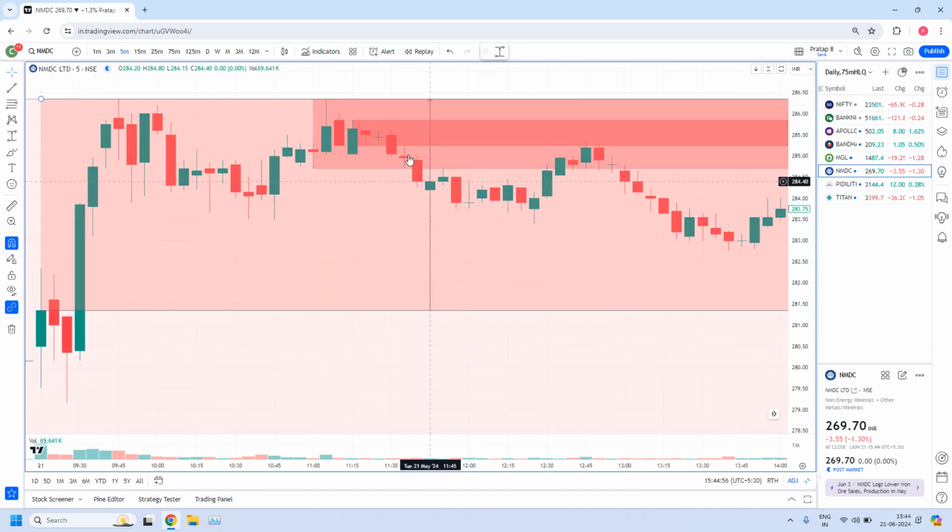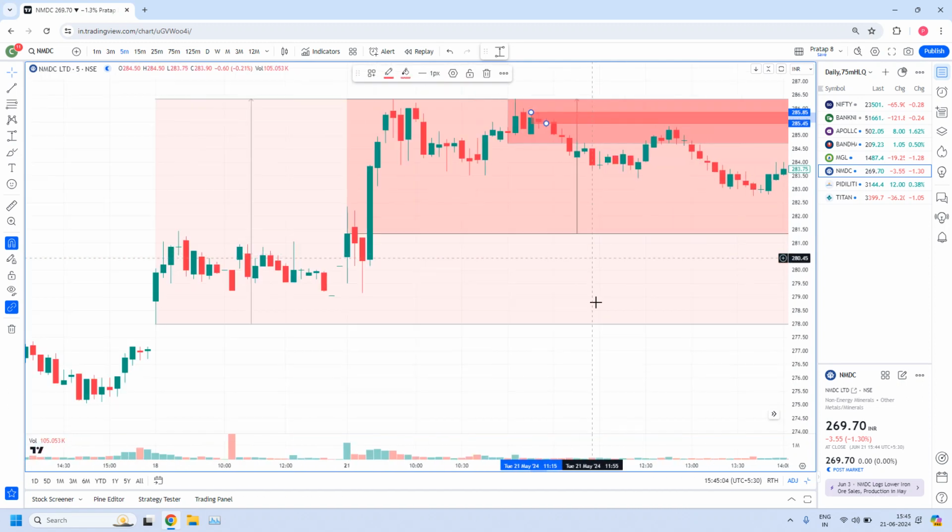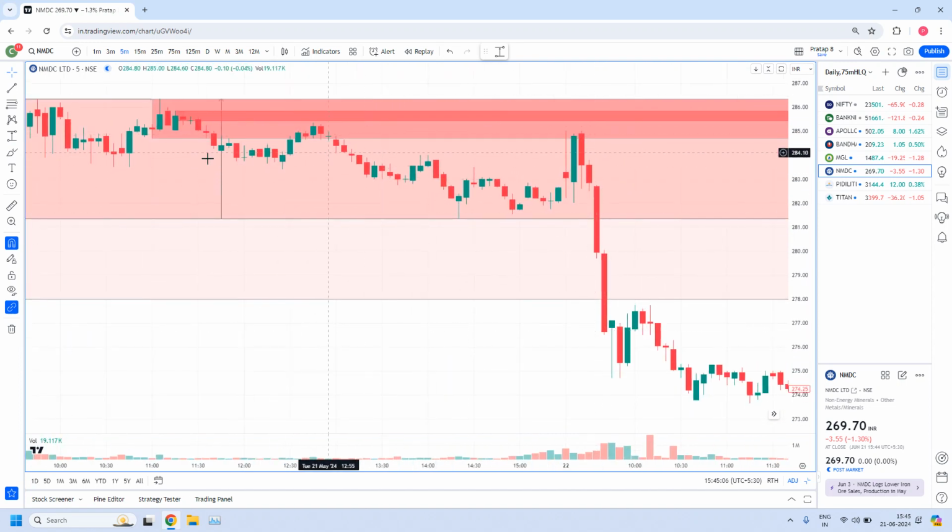But if you fine tune this zone with type 2 proximal entry up to here, this zone is not tested. Many times we fine tune to type 2 proximal and check, especially for high liquidity zones, whether the order flow is tested or not. That way also you can take a trade in this zone.